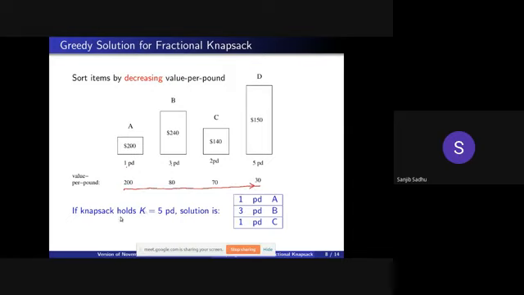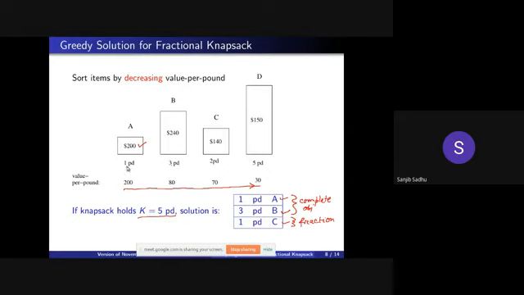If the knapsack holds K equal to 5 pounds, the solution will be 1 pound of object A, 3 pounds of B, and 1 pound of C. Here A and B are taken completely, and for C a fraction. Since you have sorted in decreasing order, the first is the most valuable per weight, so your objective is to take as much of it as you can.